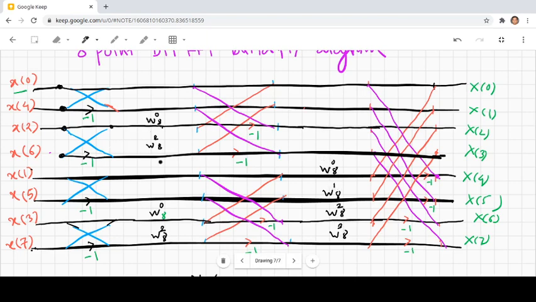And at the left-hand side, you have to remember the 2 alternate values out of these, that is W raised to 0 and W raised to 2: W raised to 0, W raised to 2, W raised to 0, W raised to 2. So these values you have to remember. And then remember there are 4 minus signs here, minus 1, minus 1, minus 1, minus 1, 4 minus signs here, 4 minus signs here, and 4 minus signs here. And the output is in normal order.